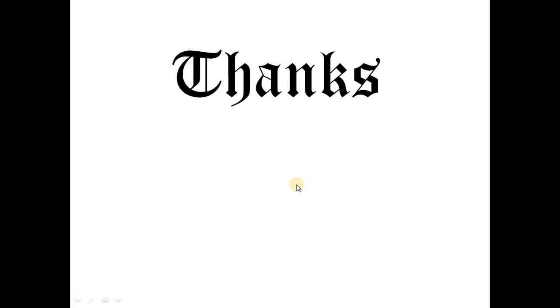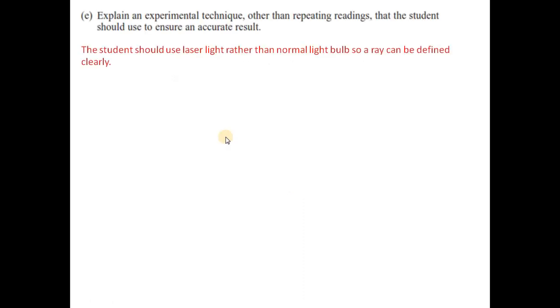If we need to improve our accuracy, instead of a bulb, we should use a laser light, so a thin ray of light can be defined clearly. So a student should use laser light rather than a normal light bulb, so a ray can be defined clearly.